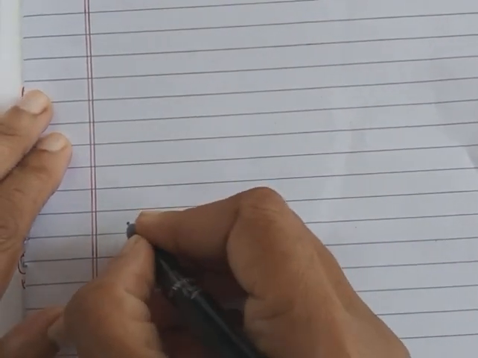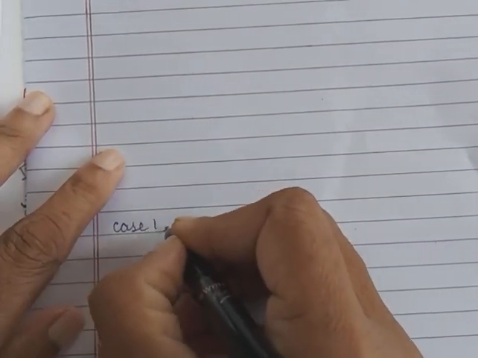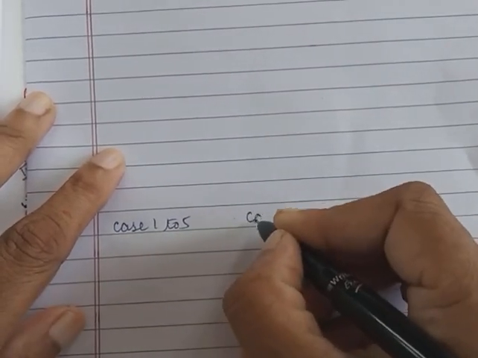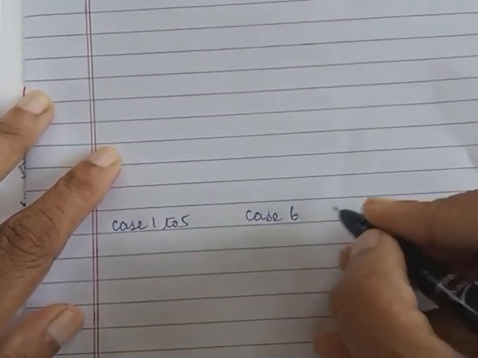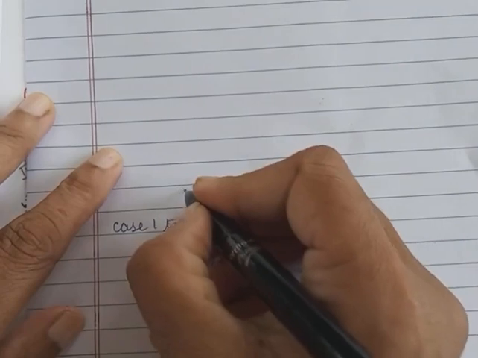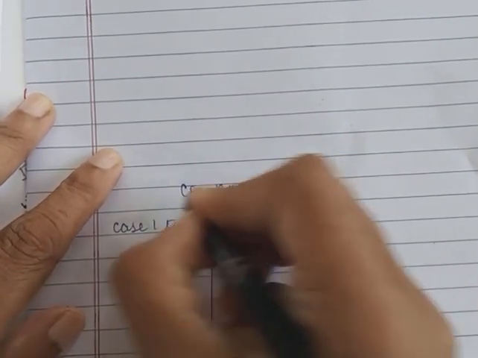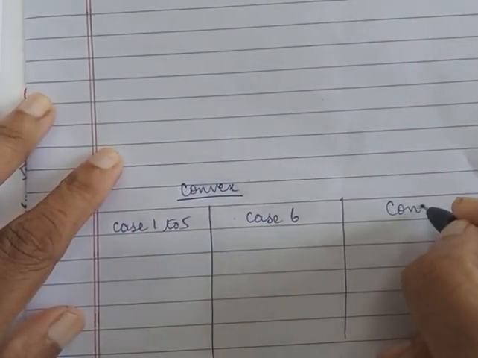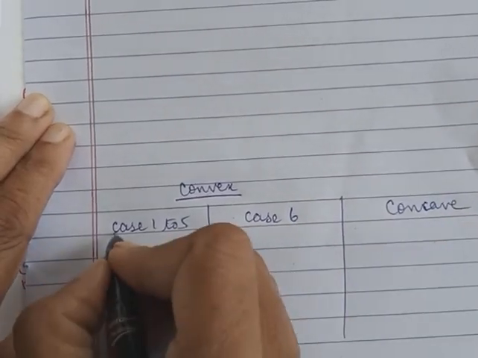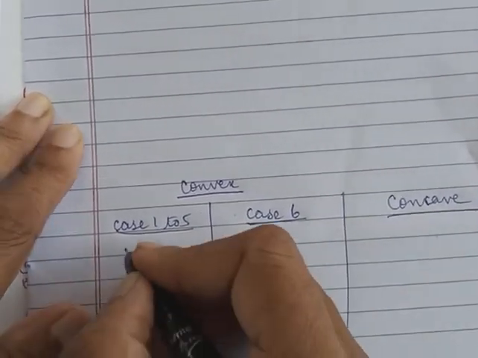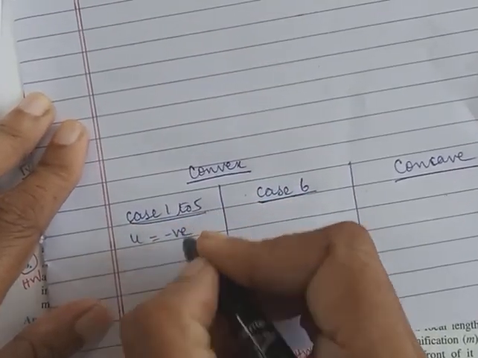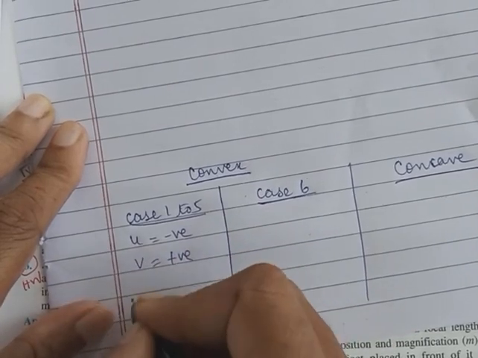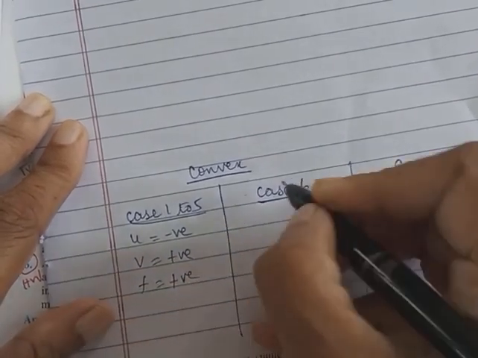So what is our sign convention? For convex, case 1 to 5: u negative, v positive, f positive.